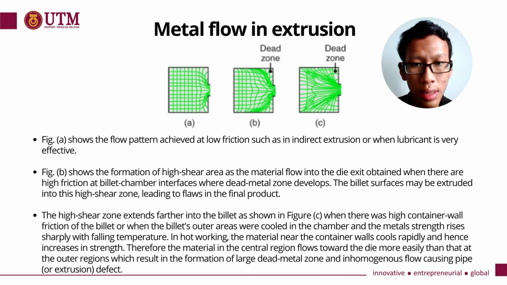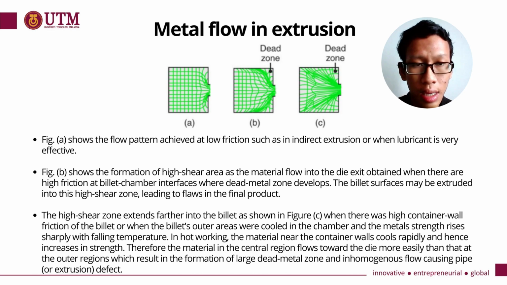In figure C, we can see the high shear zone extends further into the billet, because of high container wall friction on the billet, or when the billet outer area is cooled in the chamber and the metal strength rises sharply with falling temperature. In hot working, the material near the container wall cools rapidly and hence increases in strength.